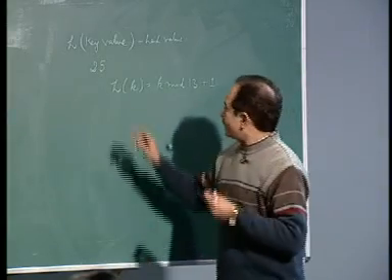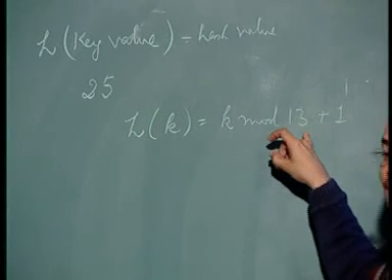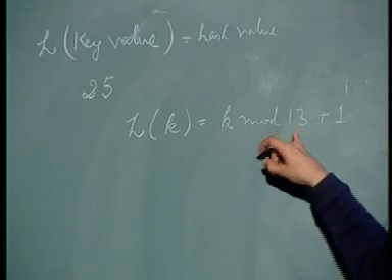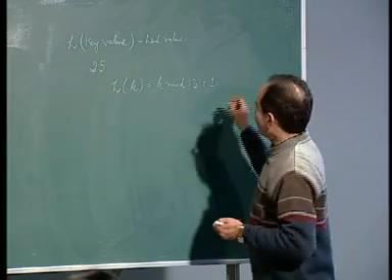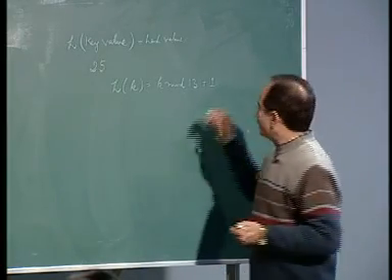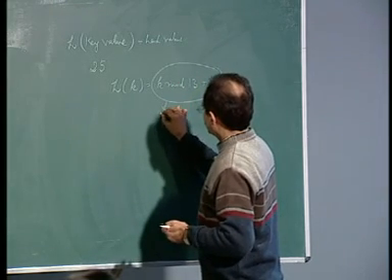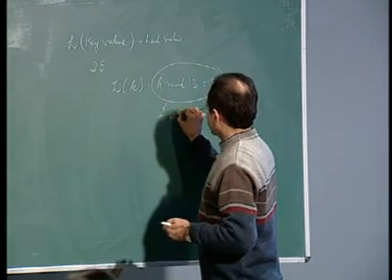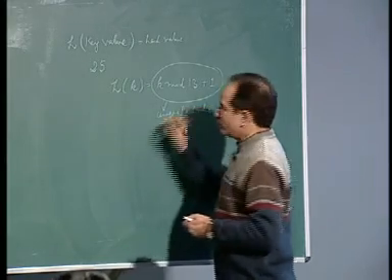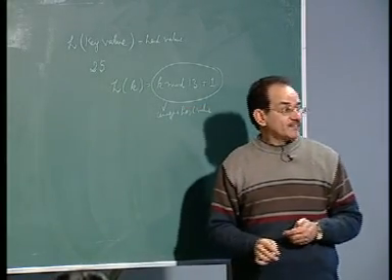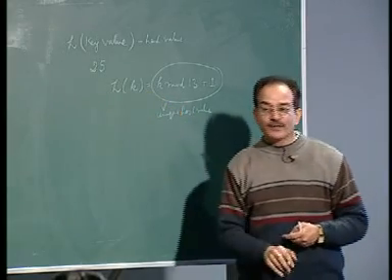Whatever my key value is, I will take its modulo with 13 and add 1 to this. What am I trying to do? I am trying to generate unique hash values. I am just trying to generate some sort of unique hash values corresponding to this particular thing there.